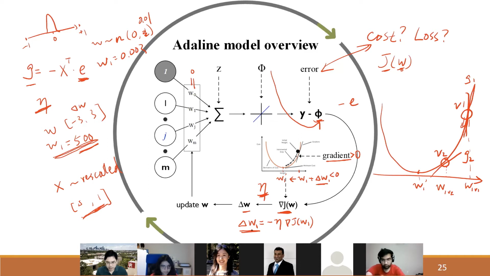But the calculation of the delta weight is simply a function of the gradient. And who knows what the gradient will be? Gradient could be huge, or gradient could be small. You don't know, and during the training process, gradient changes. So this is sort of like a scaling factor. That's the only reason it's there. With the scaling factor, you can adjust how fast or slow the learning goes, and that's all.